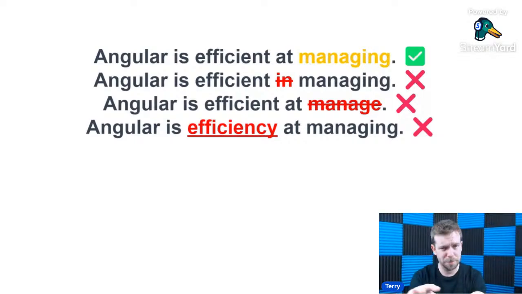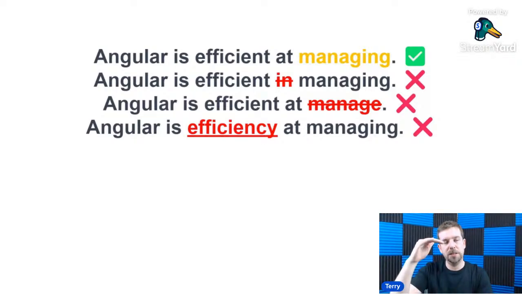I can understand it, but it doesn't sound good. It's not correct. Angular is efficient at manage. Again, this is about the gerund, the verb with ing. If you have a preposition and after it is a verb, then it will be preposition, verb, ing. This is a basic rule for all of English, right? Angular is efficiency at managing.